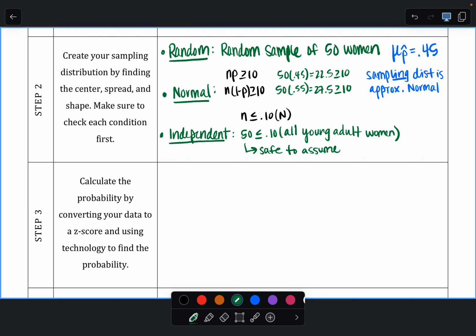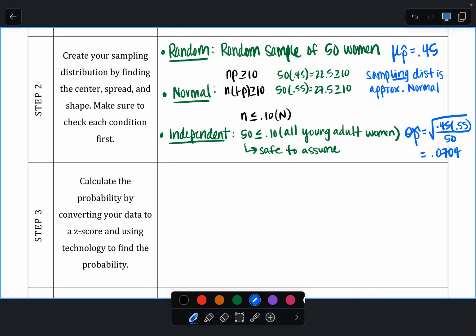I would think never. So to calculate the standard deviation of p hat, it is the square root of 0.45 times 0.55, all over n, which is 50. And that was 0.0704.